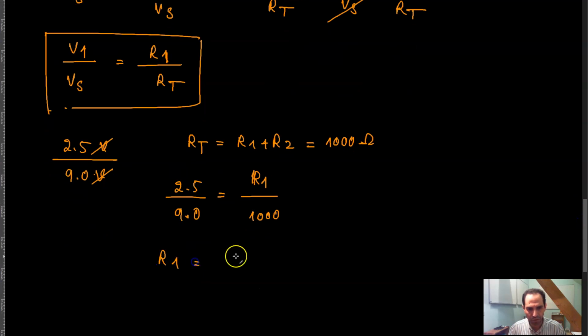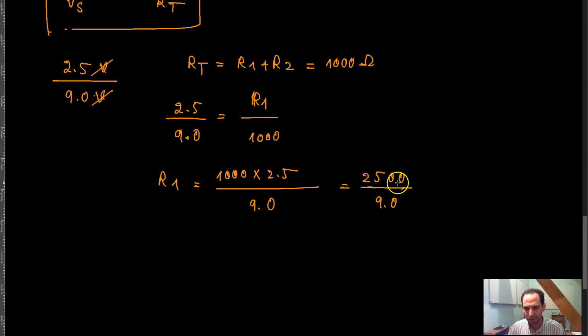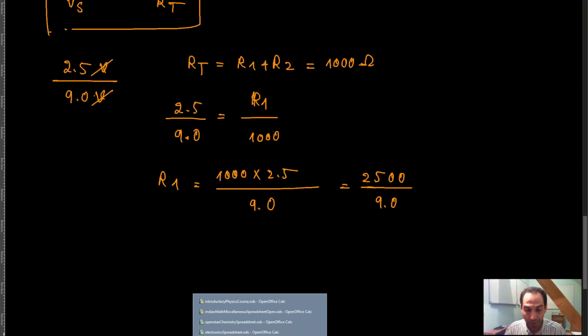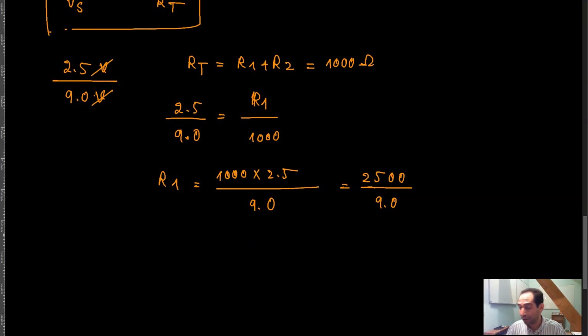You will get R1 is equal to 1000 times 2.5 divided by 9.0, which is 2500 divided by 9, which is about 277.